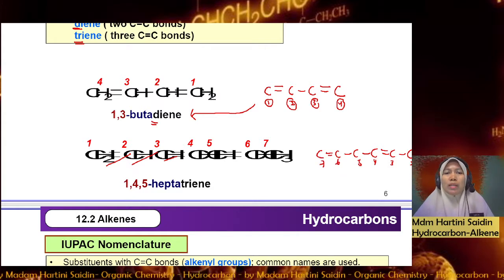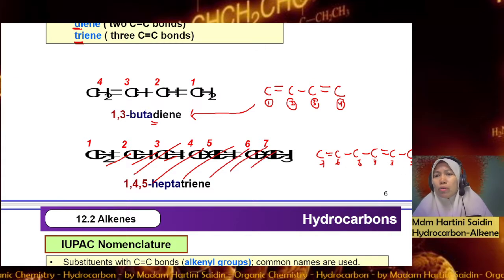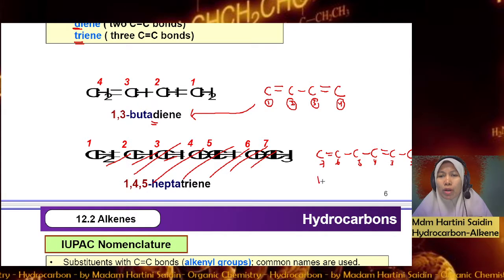Okay, saya ubah lah. Saya ubah structure ni. Okay, now there are 6 carbon, which is there are 3 carbon-carbon double bond. So now the position of carbon-carbon double bond is at carbon number 1, carbon number 3, and carbon number 6.